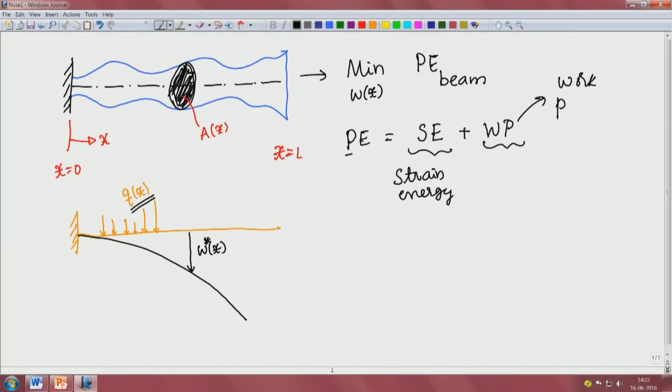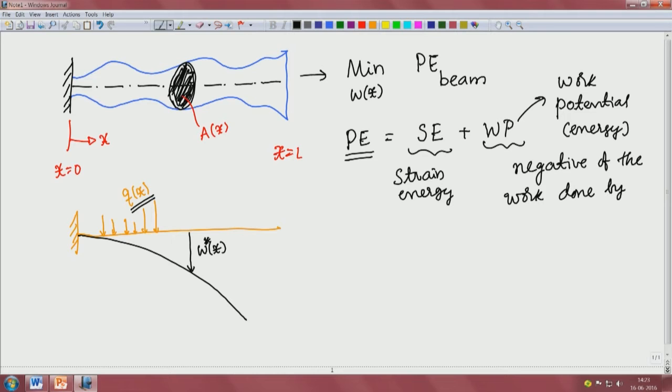It is potential energy due to the work done by the external force, but it is the negative of the work done by external forces. Here Q of x is the external force on the beam. There are a lot of internal forces, we do not consider that, it is only the external forces, okay.